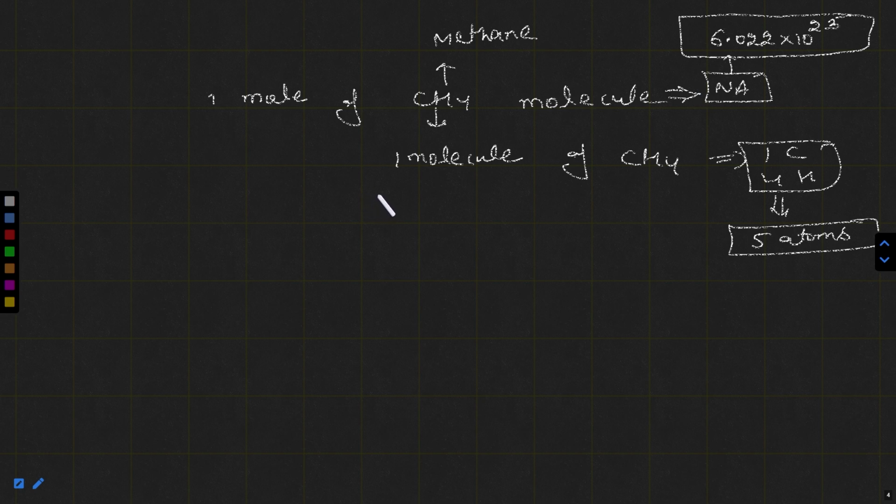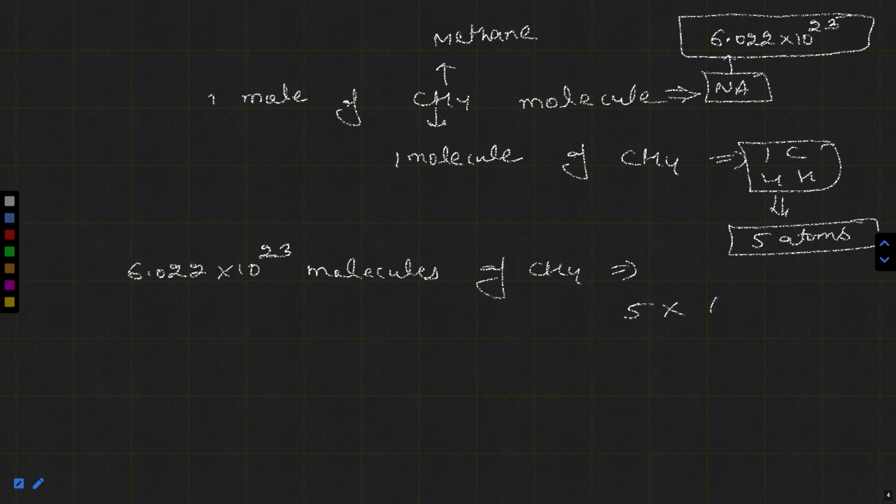And in 1 molecule of CH4, total 5 atoms are there. So 6.022 into 10 raised to the power 23 molecules of CH4 have 5 into 6.022 into 10 raised to the power 23 atoms.